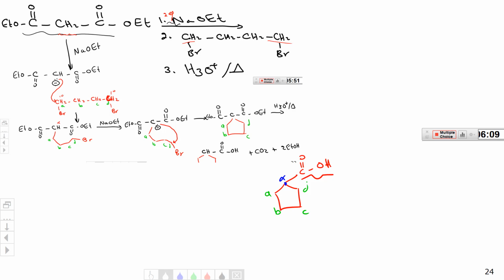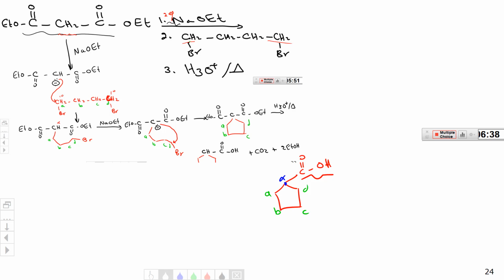How you can figure that out should be very typical from now on because you're going to see it often. If you have two equivalents of sodium ethoxide and you have an alkyl halide that has two halides, you're expecting a cyclic compound with a carboxylic acid attached to the alpha carbon. Now there is a trick that I use myself as a check and balance on whether I'm doing it right or not.